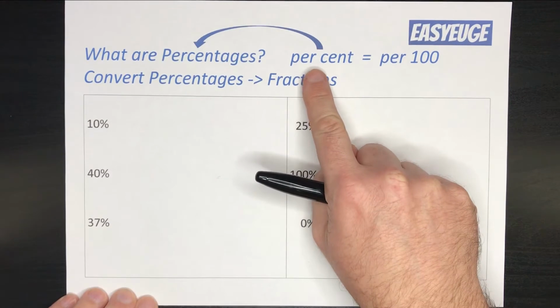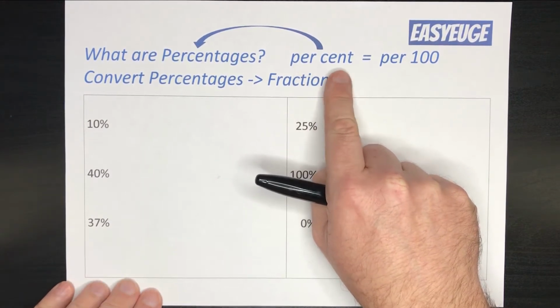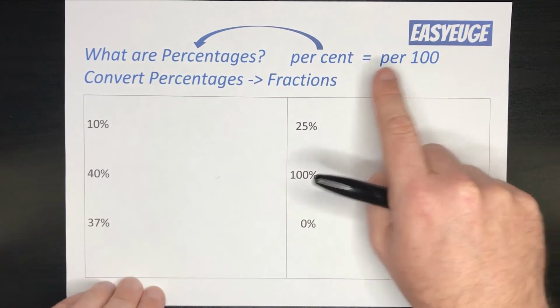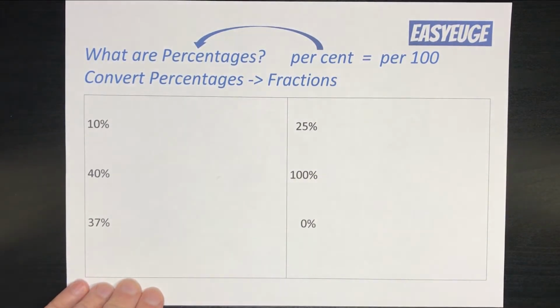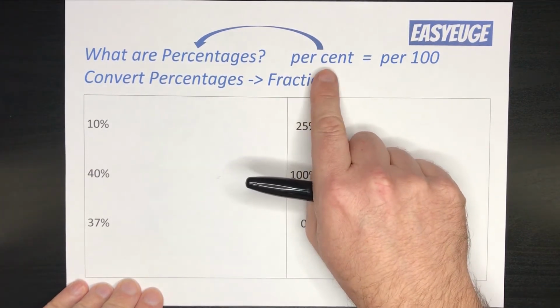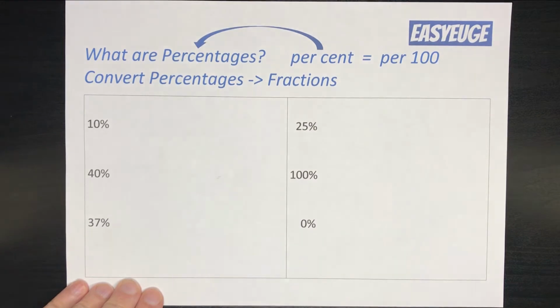The word percent means per 100. It's very simply per 100, because cent is very similar to the word century, which means 100 years. So if you have something that is percent, or a percentage, it's a number divided by 100.